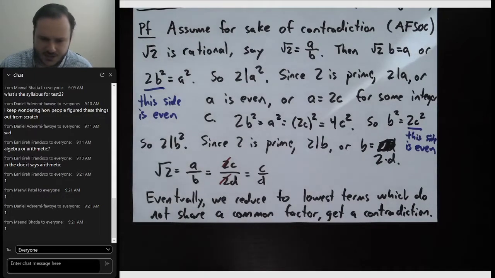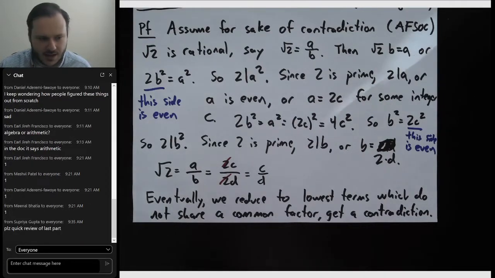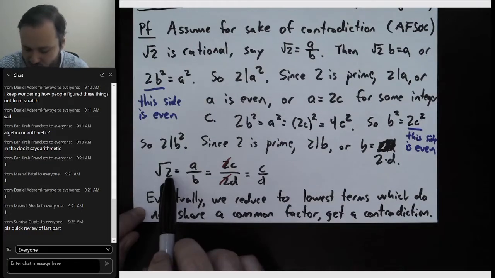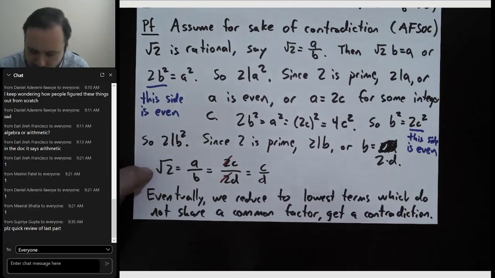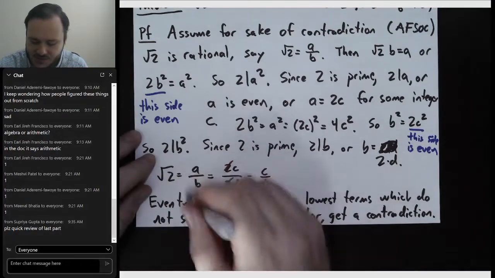Okay, questions there? Questions about that proof? Quick review of this last part. Sure, so eventually we get to lowest terms, right? We've written square root of 2 as a fraction. You can reduce fractions to the lowest terms. When you reduce fractions to the lowest terms, they have nothing in common.